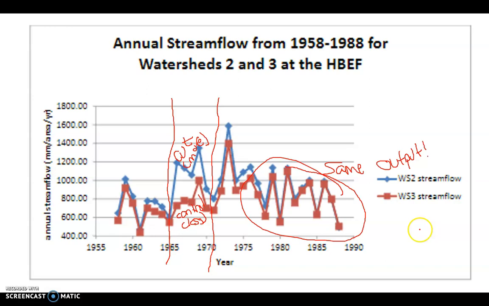So what is this telling us? What is our hypothesis about this one? Well, this is telling us that no matter the precipitation, if our two watersheds have the same weir output, it's because we're not continuing to cut and we're seeing some veggie regrowth. Pardon my shorthand, but it's hard to write with a mouse.